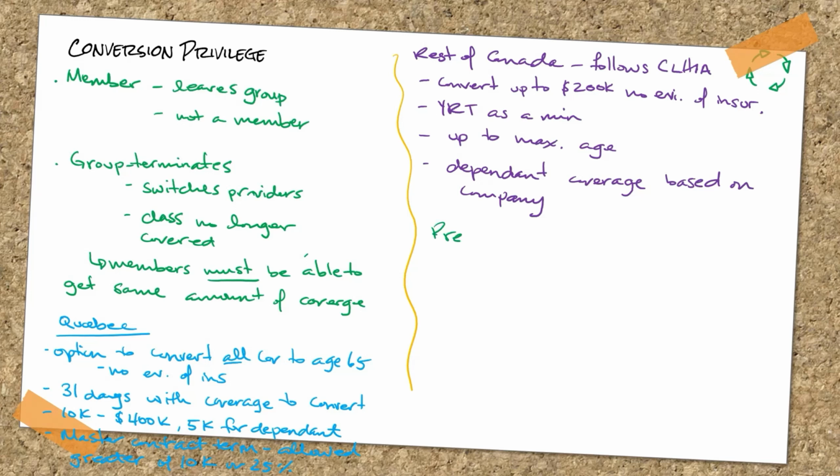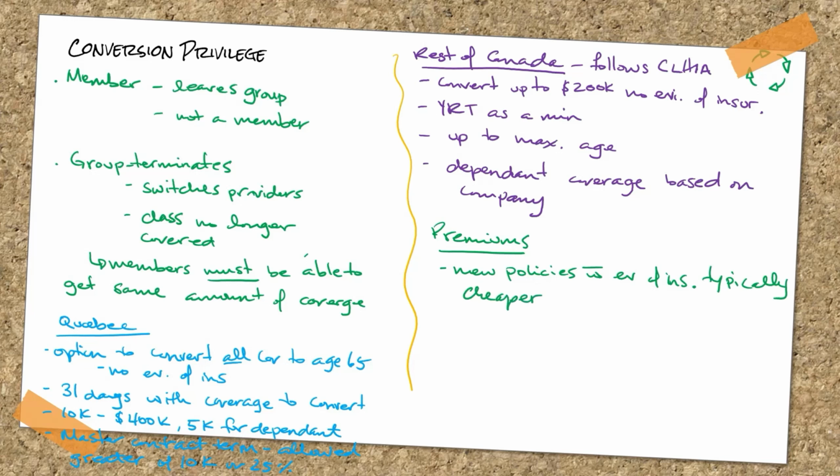So conversion premiums, it's important to remember that they can be more expensive, and they typically are more expensive than applying for a brand new policy. This is because a brand new policy requires evidence of insurability, and so you're proving that you're not risky. Whereas when you're converting, you are not providing that proof, and so the insurer is taking on more risk and therefore charges for that additional risk.